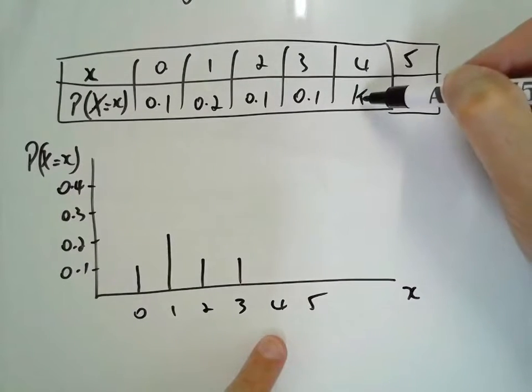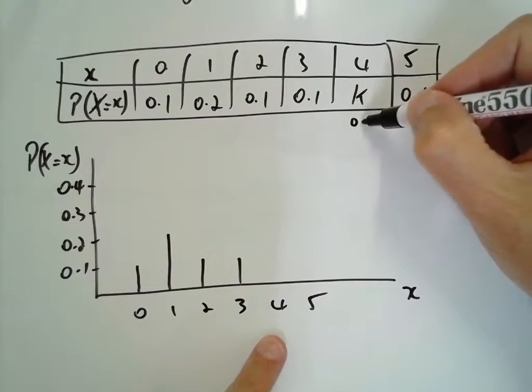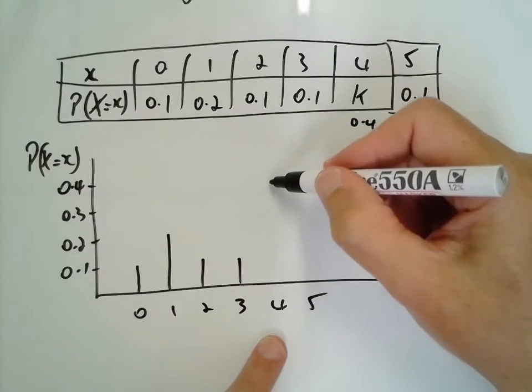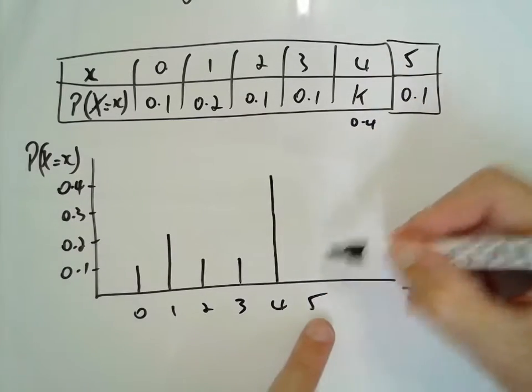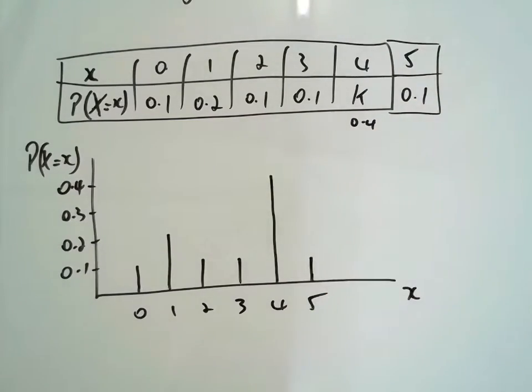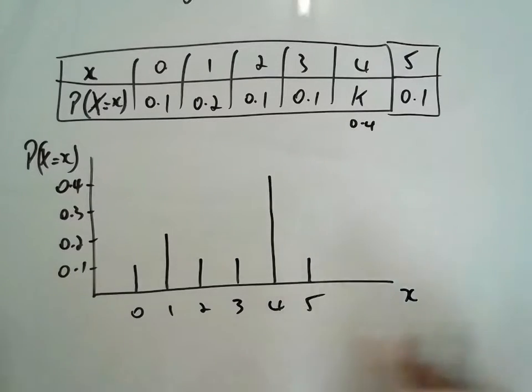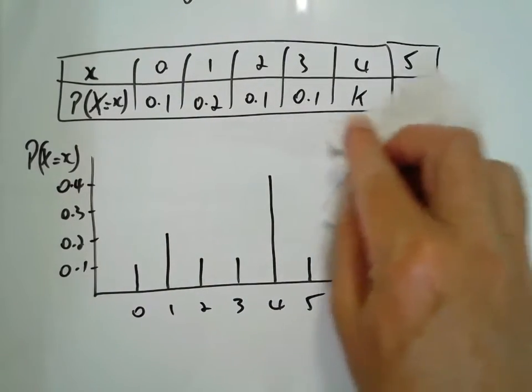Remember 4, we worked k out to be 0.4, didn't we? So that's got to go up there, and 5 is 0.1. That's it, probability graph. That's all you need to do. Label your axes, put some numbers on it, put some lines on it. Just put the right numbers and lines and we'll be right.